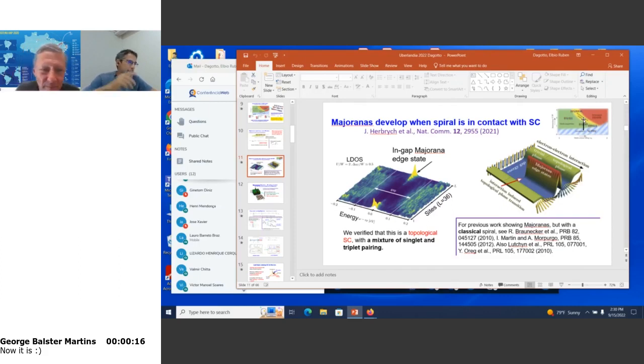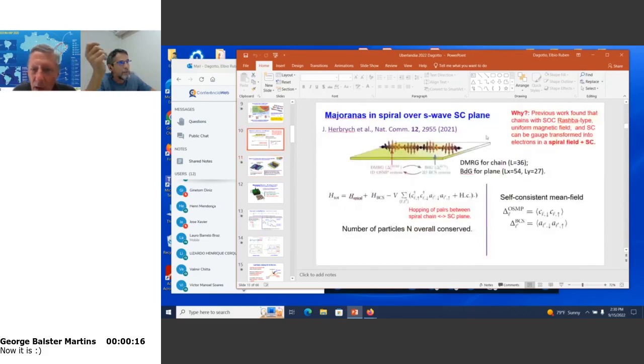Well, in this specific case you mentioned that there is a mathematical way of showing that there is an equivalence between the two, right? That there is this gauge transformation... Well, the equivalence is between having a spiral state, which is crucial in order to have this mixture of singlet and triplet, or having a Rashba type coupling and uniform magnetic field.